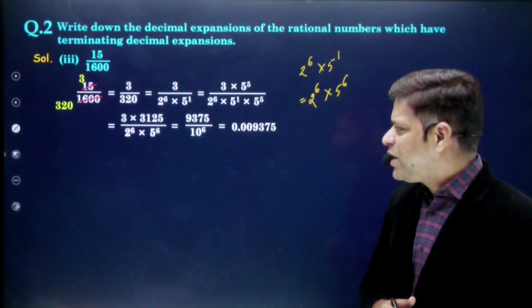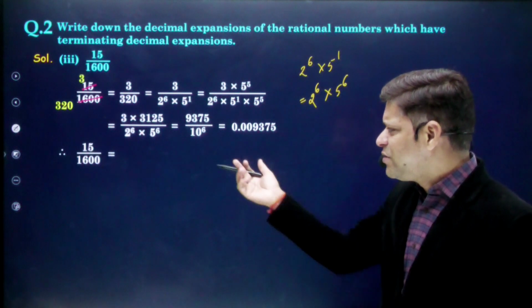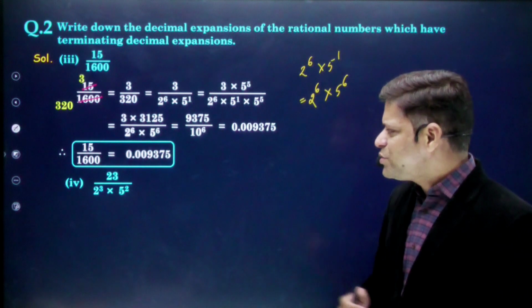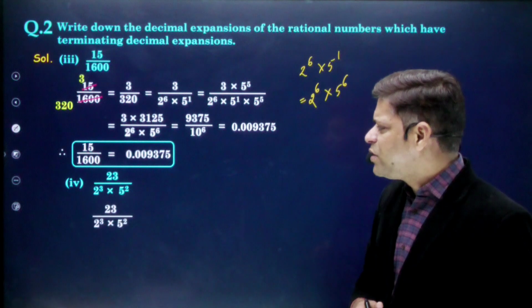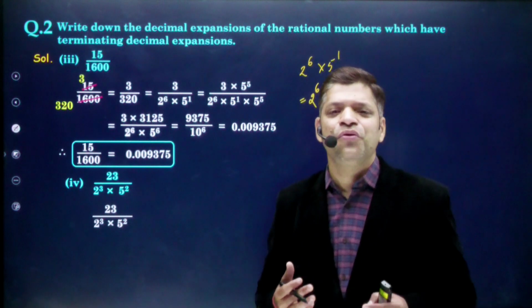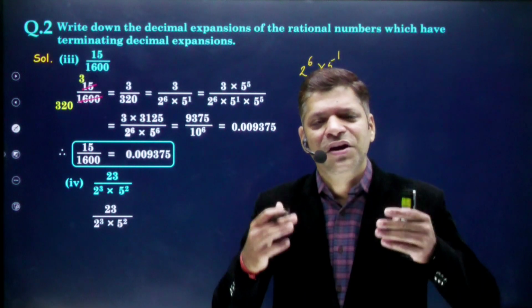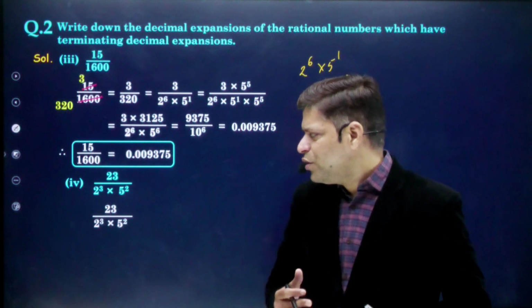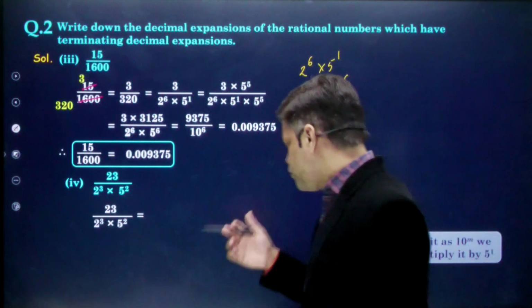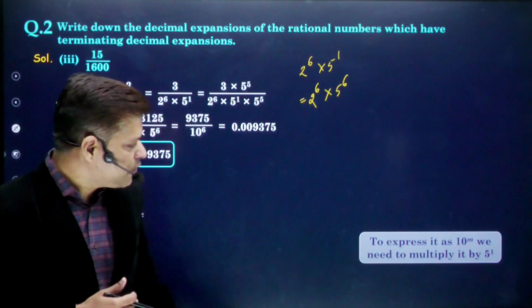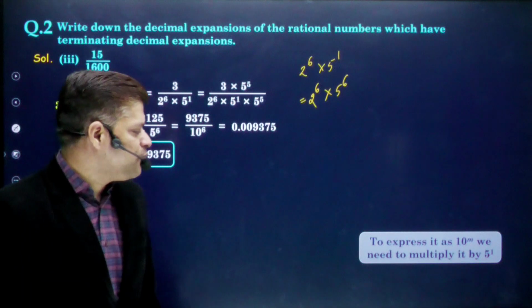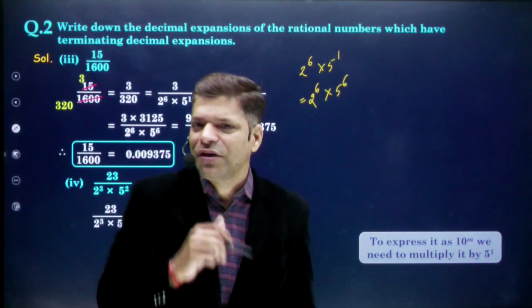So the next one is equal to 0.009375, and in the next question we are given 23 over 2 raised to the power 3 into 5 raised to the power 2. Again, the exponent of 2 and the exponent of 5 in the denominator are not the same, so we convert it. To express it as 10 raised to the power m, we need to multiply by 5 raised to the power 1.